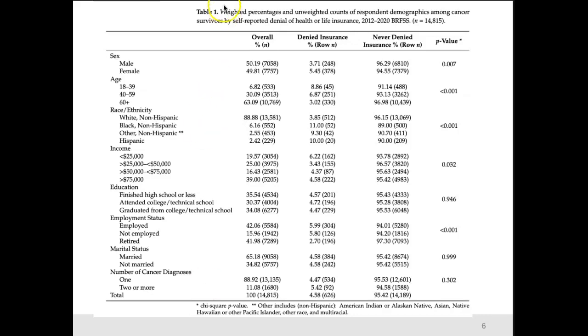Notice that the actual text up here, the title of the table, tells you exactly what that table is displaying without the reader having to refer back to the text. If it just said Table 1, and I were to pick up this paper, I would have no clear understanding of what this is. Instead, it says Table 1, weighted percentages and unweighted counts of respondent demographics among cancer survivors by self-reported denial of health or life insurance, and then the years.